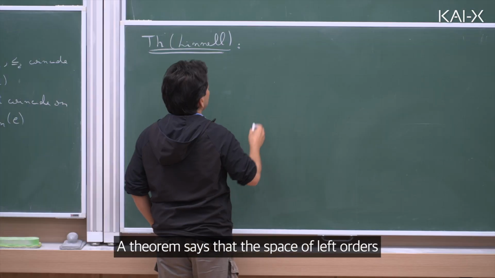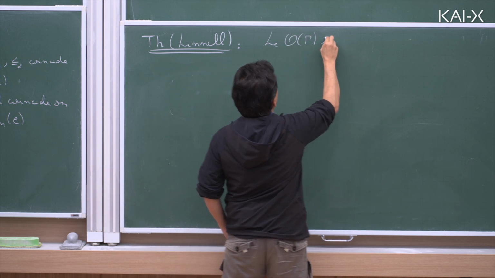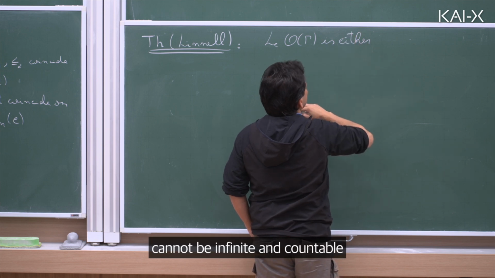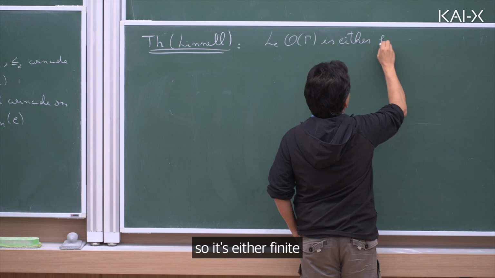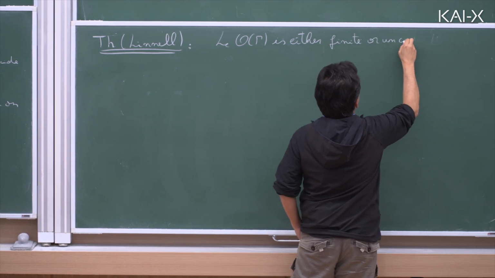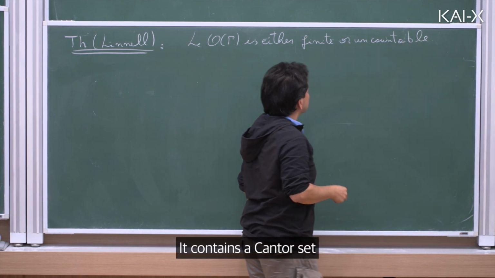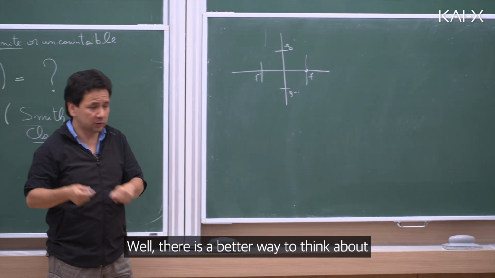But the theorem says that the space of left orders of a group cannot be infinite and countable. So it's either finite or uncountable. It contains a Cantor set. Well, there is a better way to think about a left order.